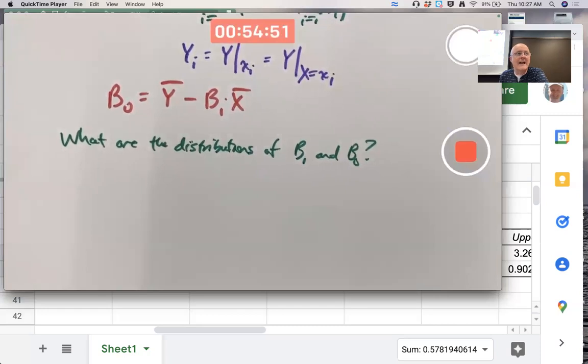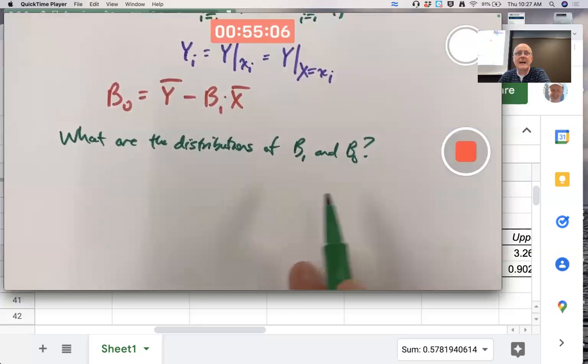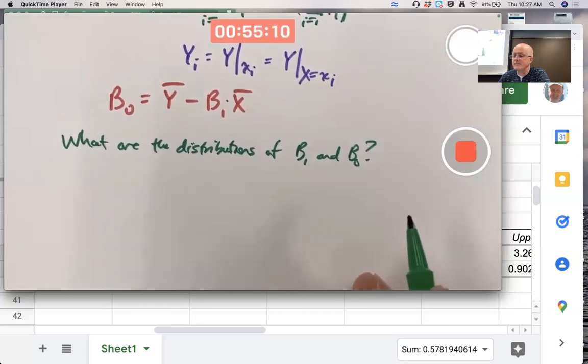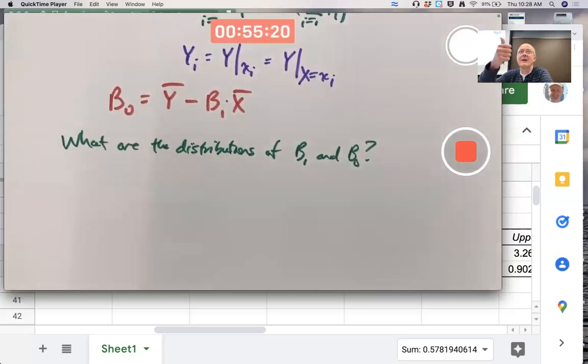Little b1 would be an estimate based on a random sample, an observed value of capital B1 that would be an estimate for beta 1. This is an estimator. We might wonder, again, what is its distribution? The answer is going to be normal. What's its mean? What's its variance? The mean of B1 is going to turn out to be beta 1, which will mean capital B1 is an unbiased estimator for beta 1. Hey, good. We like unbiased.